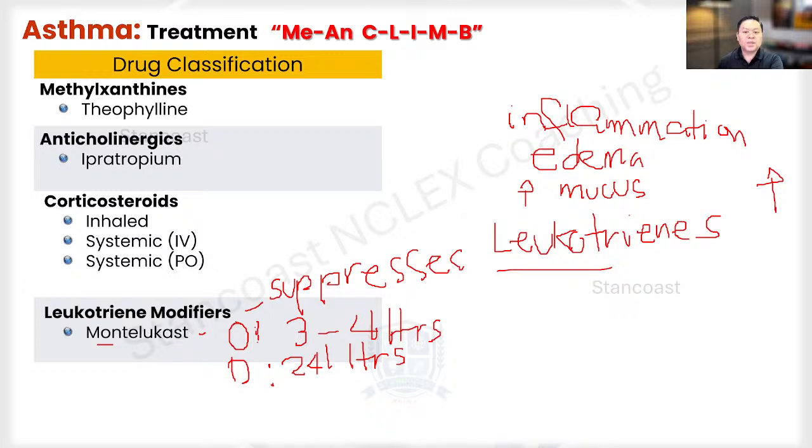Now, the leukotriene modifiers can also lead to some side effects, and this is something that probably gets neglected more often because people would probably think that this is a mild form of the medication, but no. The Montelukast or the leukotriene modifiers can cause depression. And the mechanism about this is quite unknown.